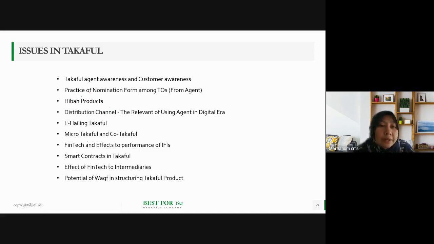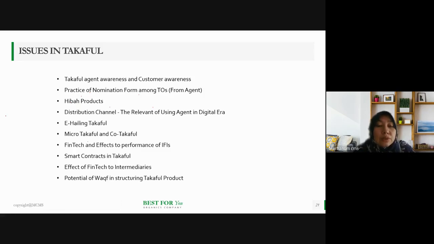It is not correct. Okay, and then distribution channel, the relevance of using agents in the digital era, because nowadays people look for all digital online distribution. So takaful operators have also offered takaful products online. The customer can simply subscribe to the product online, no need to use an agent.